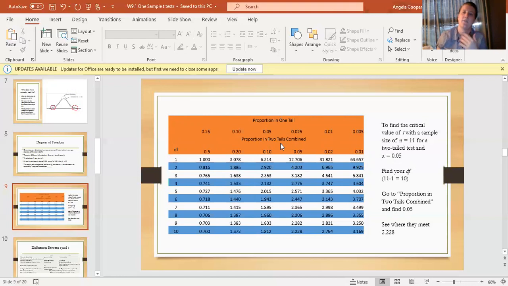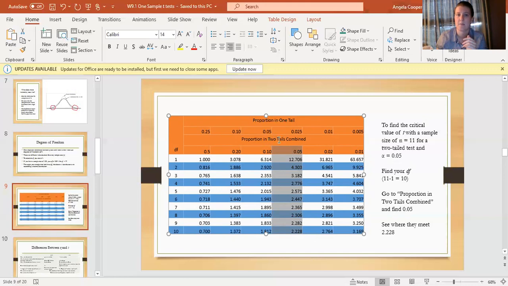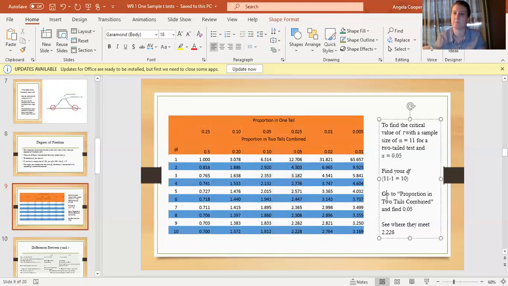So if we have an alternative hypothesis of not equal to, and our alpha is set at 0.05, this column would be the one we're looking at. Two tails combined down here and 0.05 right there, that's our significance value. This is the column we're going to be looking into. And then we just need to know our sample size to give us our degrees of freedom to know which row, and then we can pinpoint exactly where we're going.